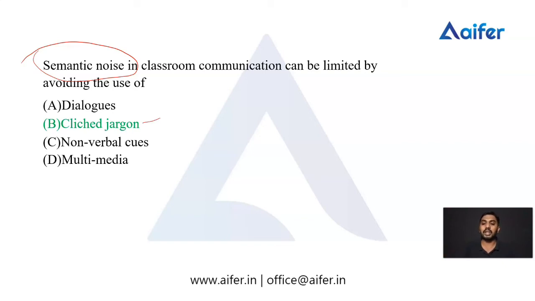The people outside the department of police will not understand those codes the department has used, like cliched jargons. When we avoid these kinds of cliched jargons, we can limit semantic noise in classroom communication.